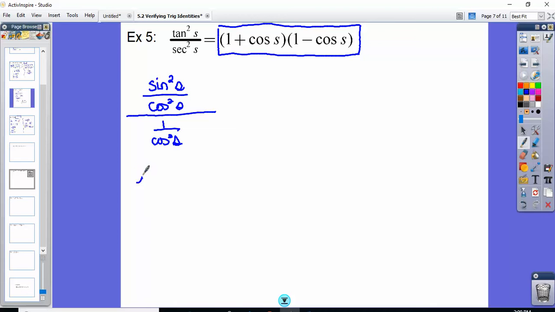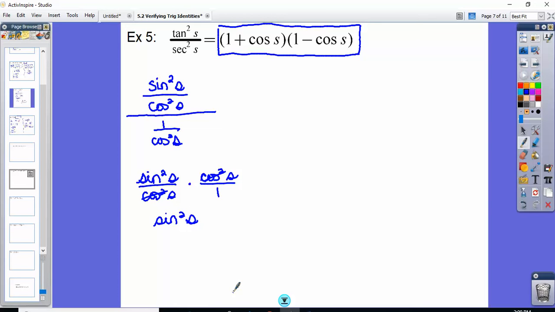We know to divide fractions, we flip and multiply. When I do this, my cosines drop and I get sine squared.